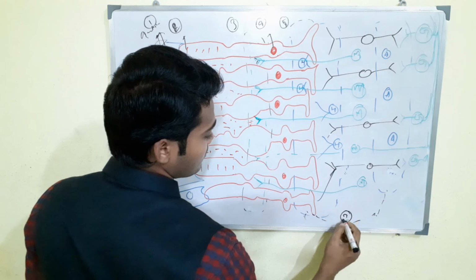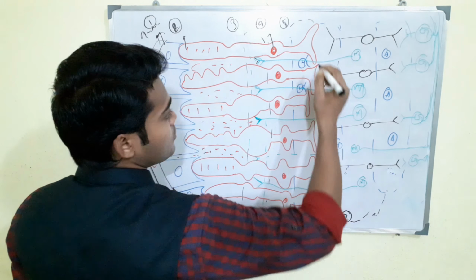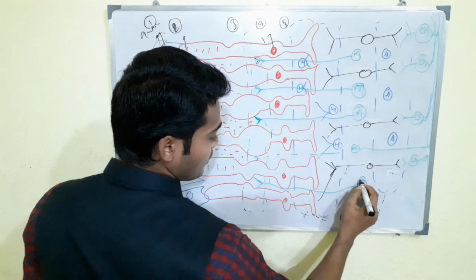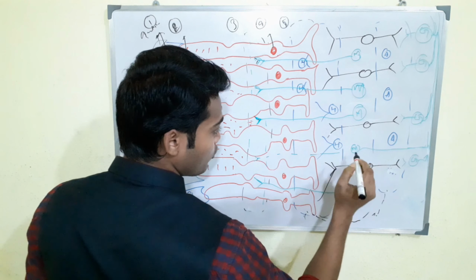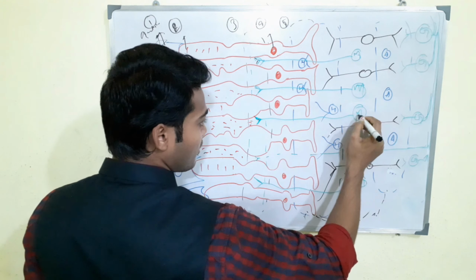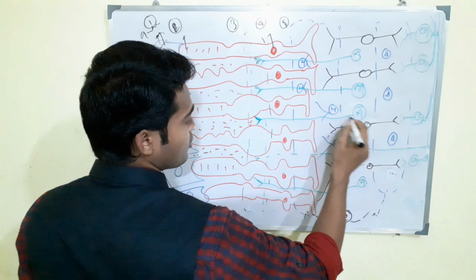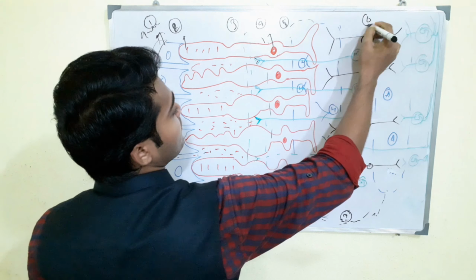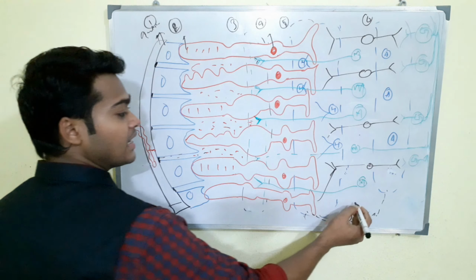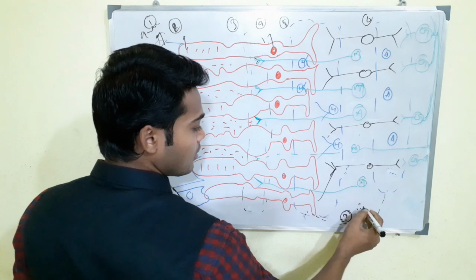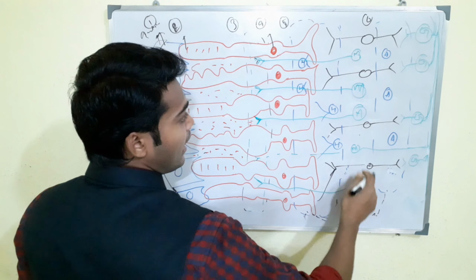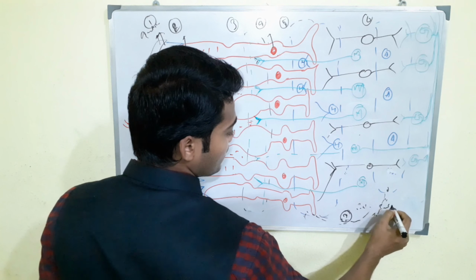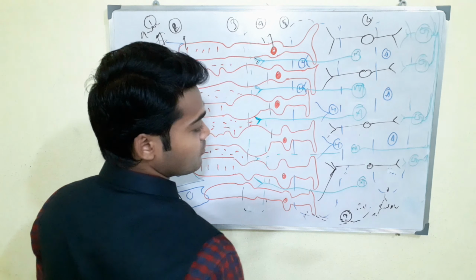After this, in the internuncial layer, the nucleus of the Muller cell, the nucleus of the bipolar cell, and some amacrine cells or horizontal cells are present, so this is a nuclear layer. This is the sixth layer, the inner nuclear layer. And the seventh one is the inner plexiform layer.